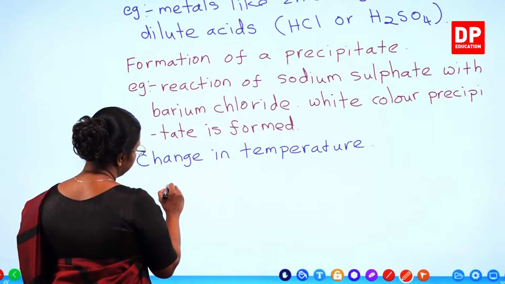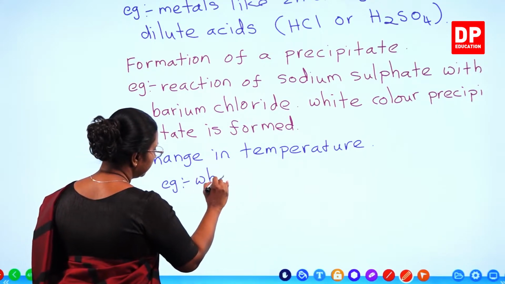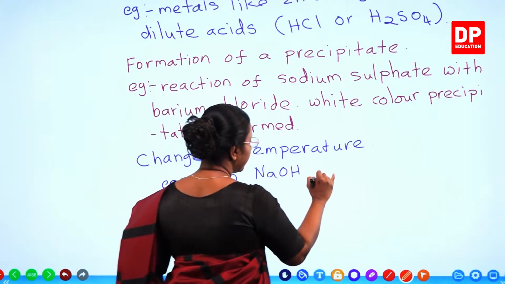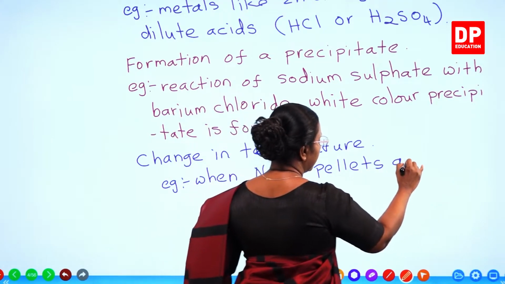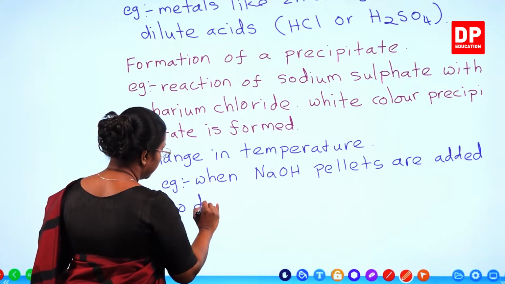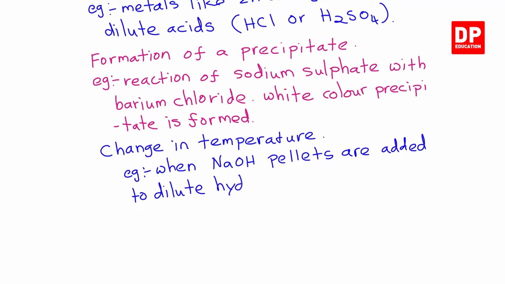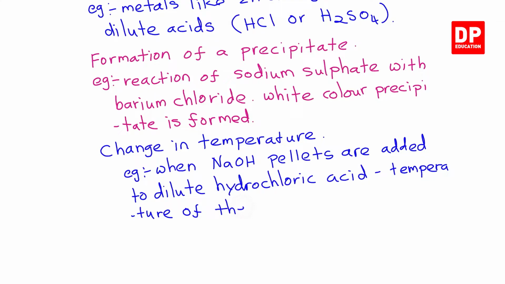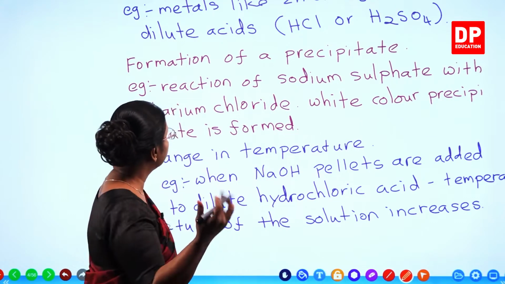So we can say, example, when sodium hydroxide pellets are added to dilute hydrochloric acid, temperature of the solution increases. So that is an example for increase in temperature.